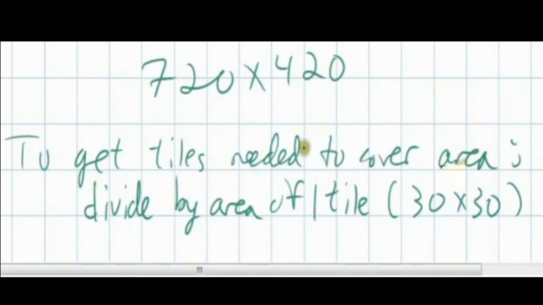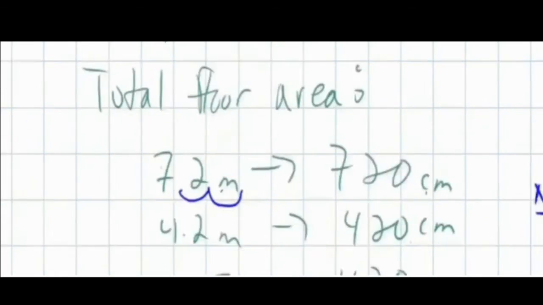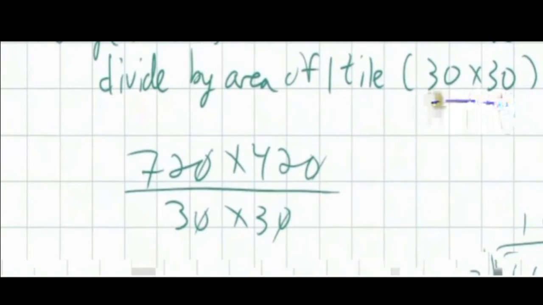So what I did, and I wrote it out here, is that to get the tiles needed to cover an area, divide by the area of one tile. Again, they told me that one tile has one length that is 30 centimeters, and because it's a square, so is the other one. So the area of the tile is going to be 30 times 30, which I wrote here.